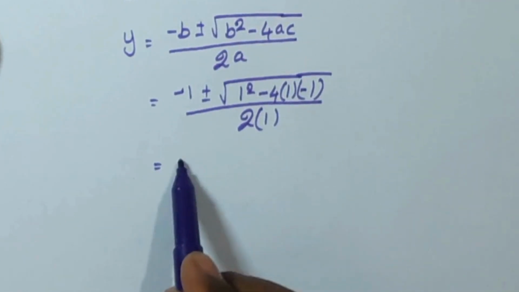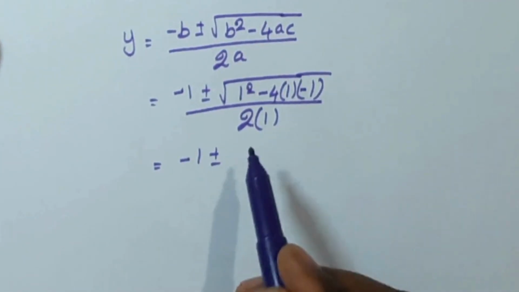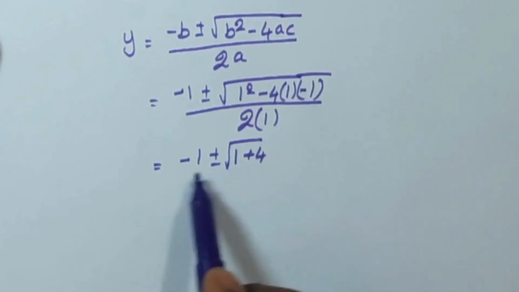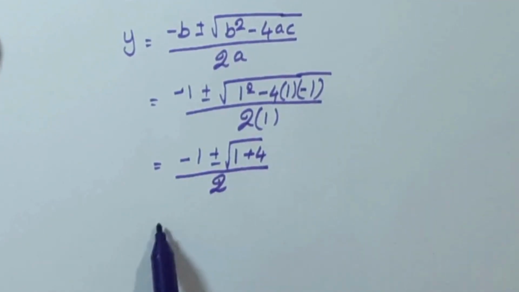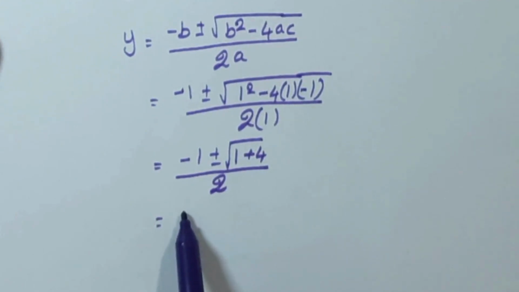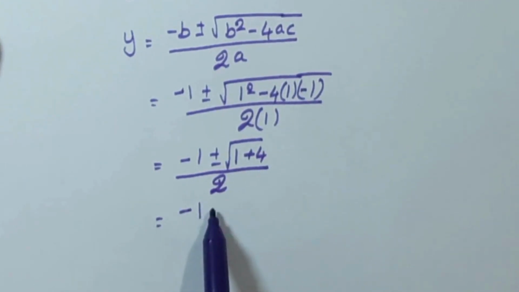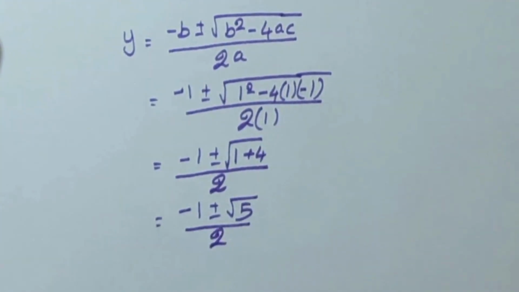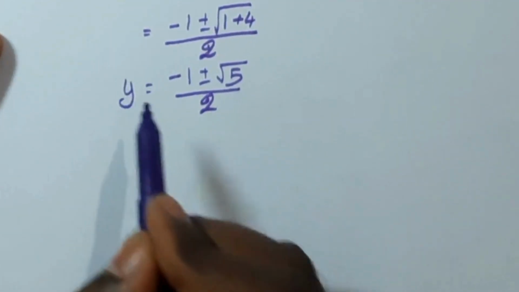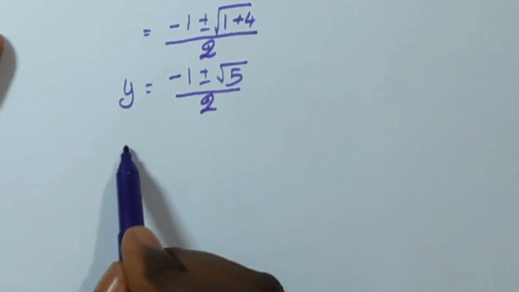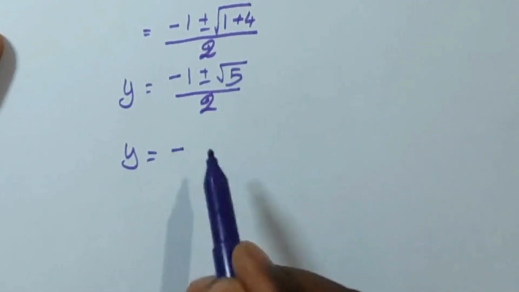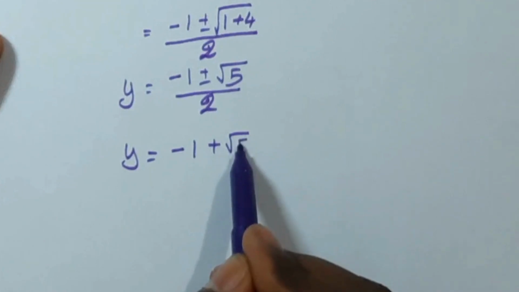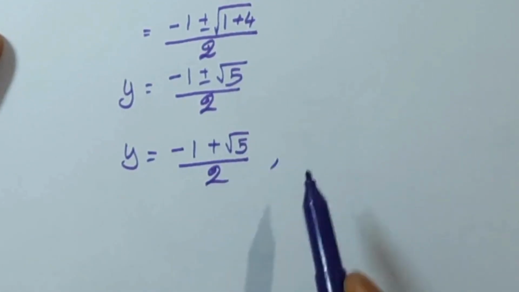So minus 1 plus or minus square root of 1 plus 4 by 2, minus 1 plus or minus square root of 5 by 2. This is y. So y equal to minus 1 plus square root of 5 by 2 is the 1.